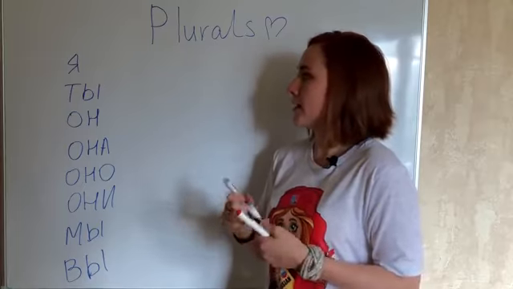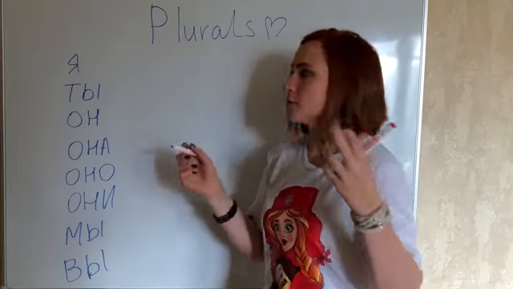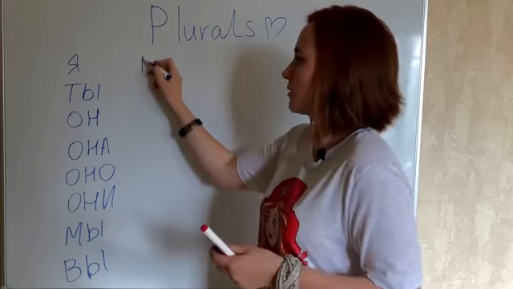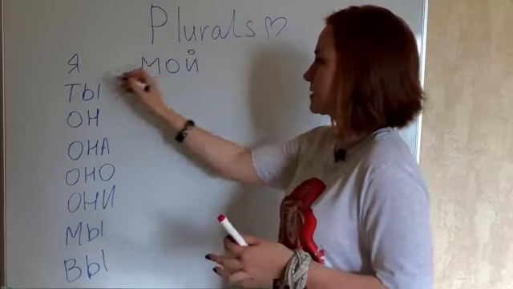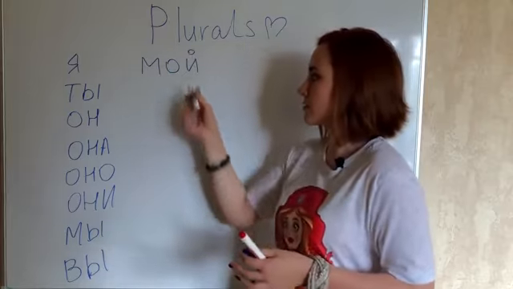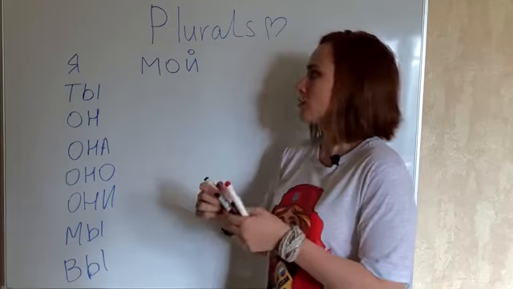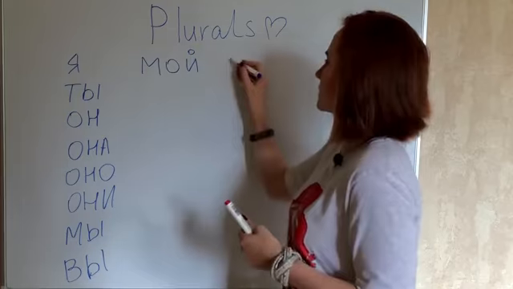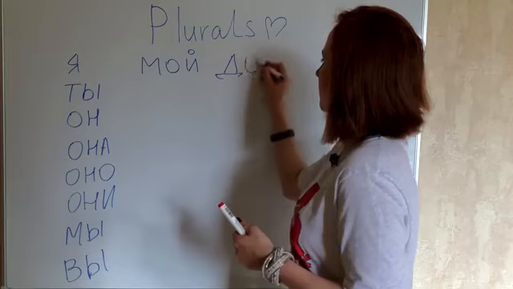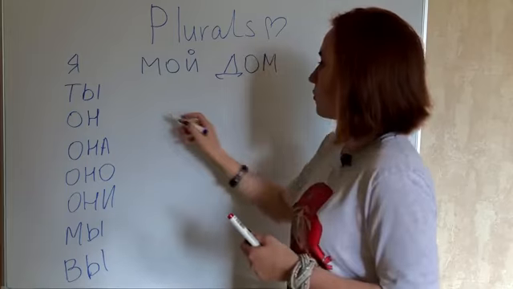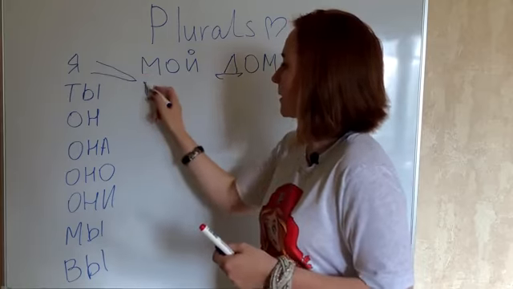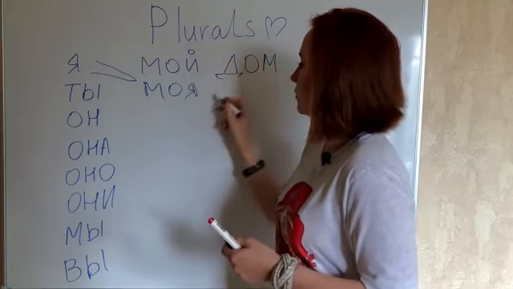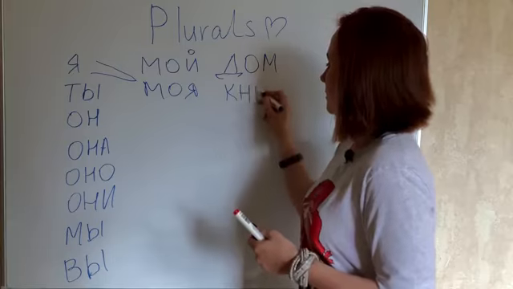And by the way, last week I received several questions about how to choose these possessive pronouns. For example, мой, let's say house, my house, мой дом, and for example, моя книга, my book, моя книга.